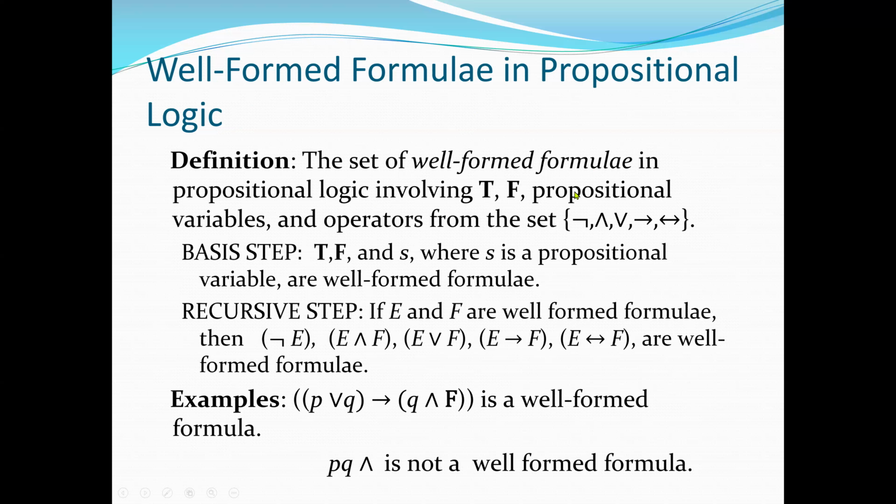But in propositional logic we also have some operators, and a variable will be an alphabetical value or a symbol. Here we should know the operators in propositional logic. As we said, we have negation, conjunction, disjunction, implication, and biconditional.